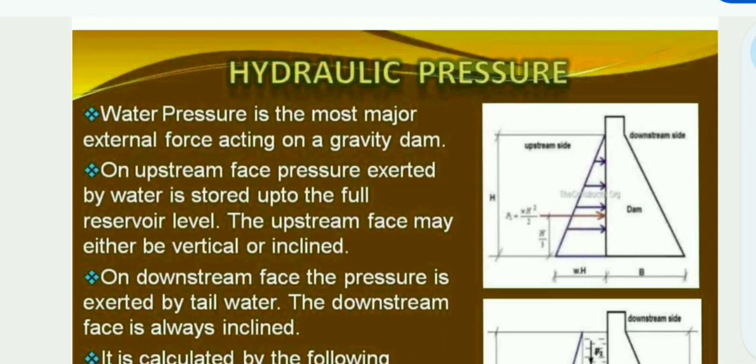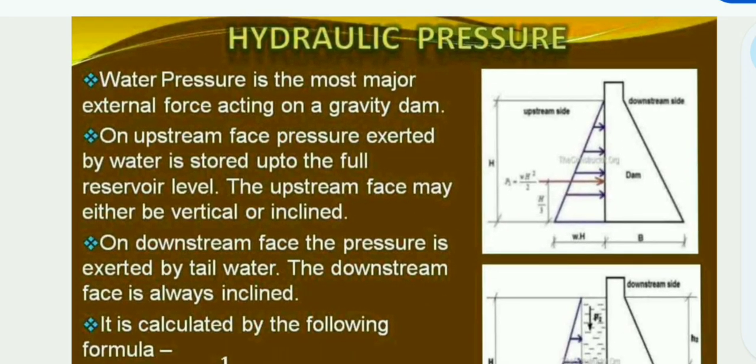Hydraulic pressure. Water pressure is the most major external force acting on a gravity dam. On the upstream face, pressure is exerted by the water stored up to the full reservoir level. The upstream face may either be vertical or inclined.